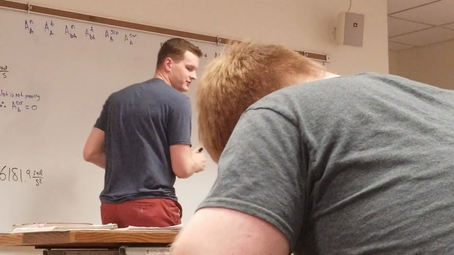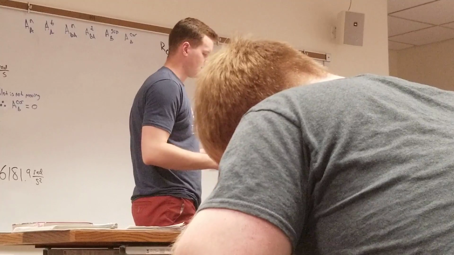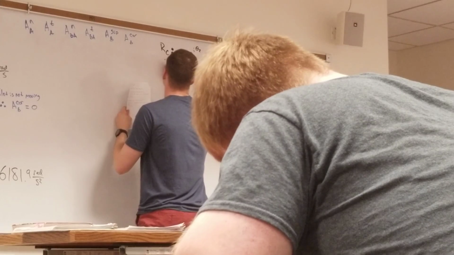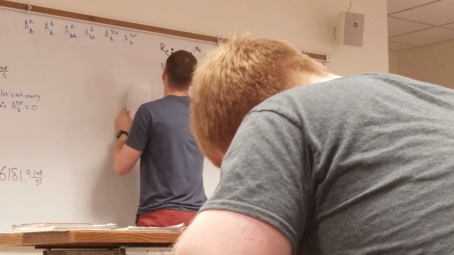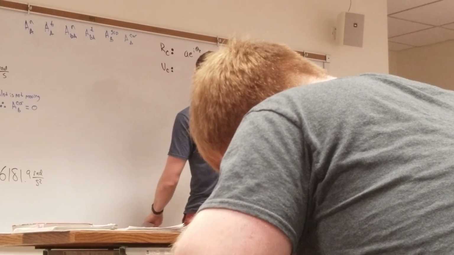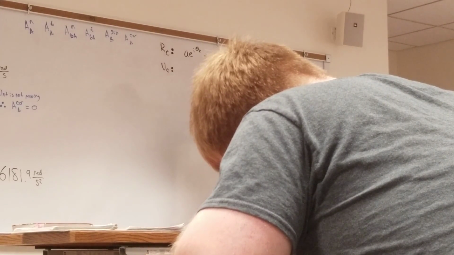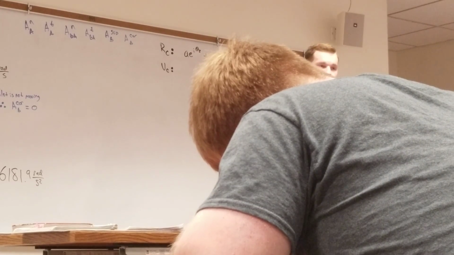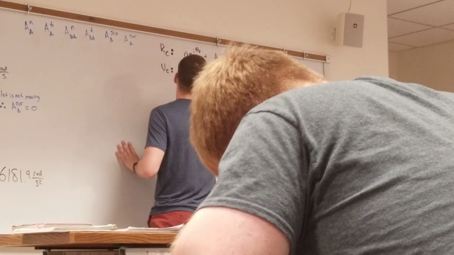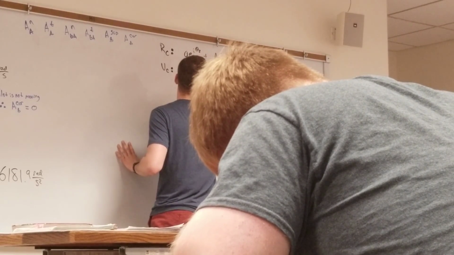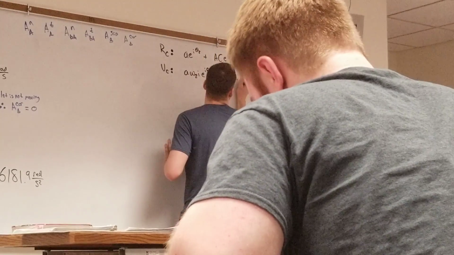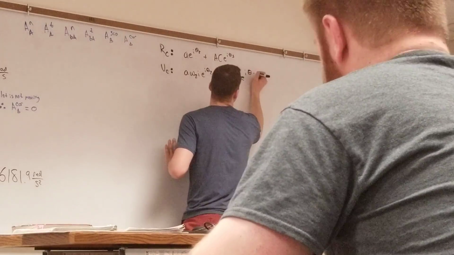So we take our derivative and find the velocity at C. How many of these values can change with time? Just theta 2 and theta 3, because we don't have any slots. So this is going to be A omega 2 i e^(i theta 2) plus AC omega 3 i e^(i theta 3).